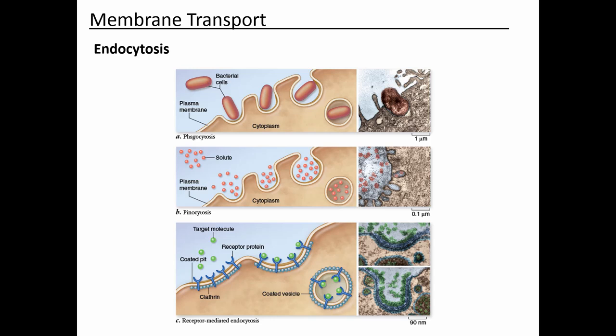Something you don't have to remember for an exam or quiz is that in terms of the cells in your body, all your cells are capable of pinocytosis. But you only have two cell types that are capable of phagocytosis, and that's macrophages and neutrophils, which are part of your immune system.